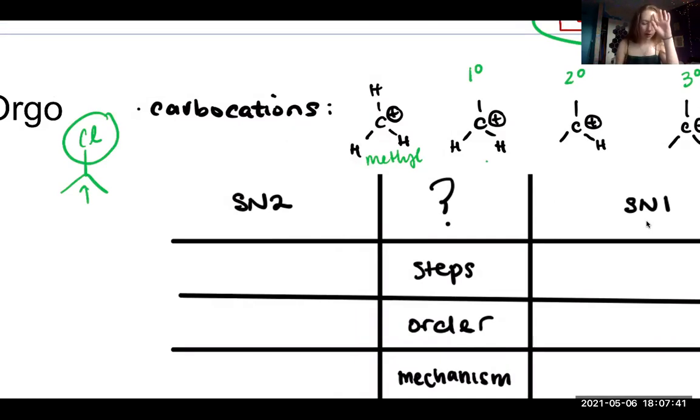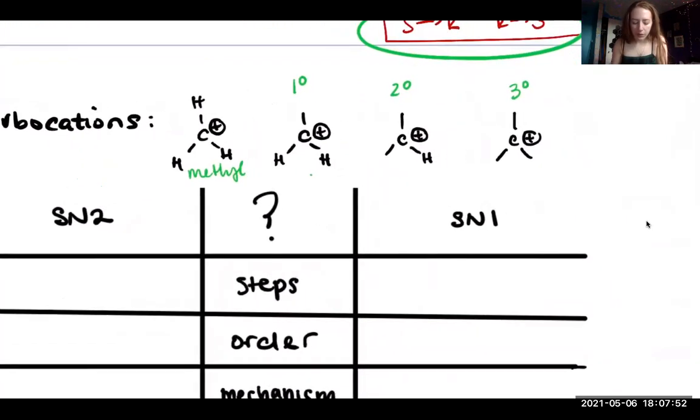So we care about this, all right? This is secondary. So yeah, in order of stability, can secondary go through SN1, SN2? Yes, absolutely. And in Orgo, you're going to learn the specifics of when it prefers to go one way or the other. Leaving groups are halogens, yes.